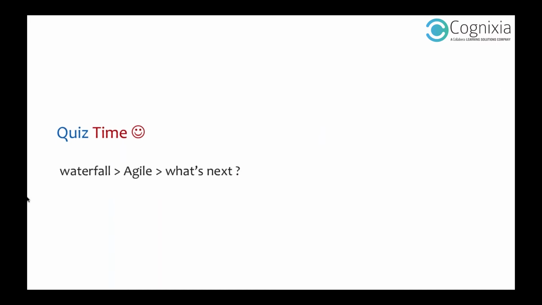So now, just a quick check. What do you think you get after waterfall and agile? What next do you think you should get? Okay, let me pause for 30 seconds just in case somebody is participating.